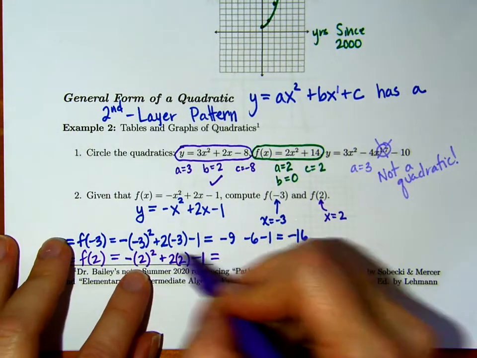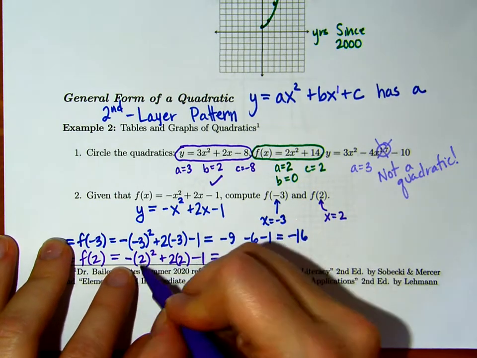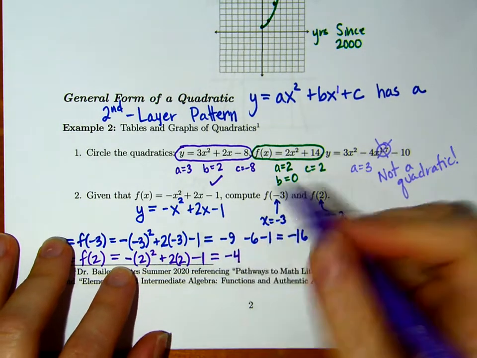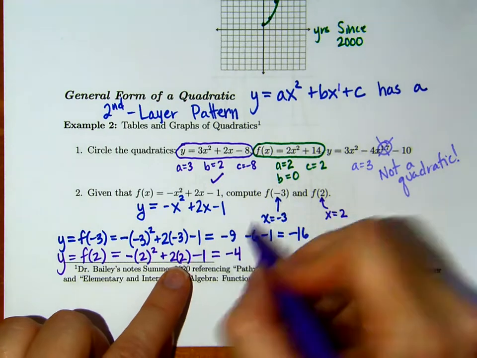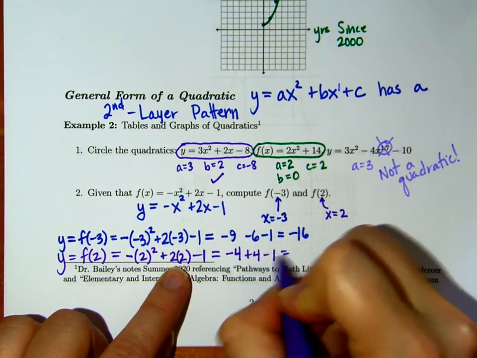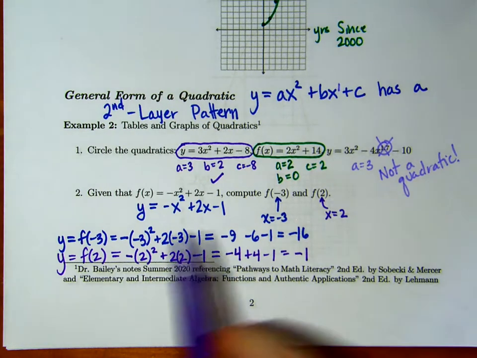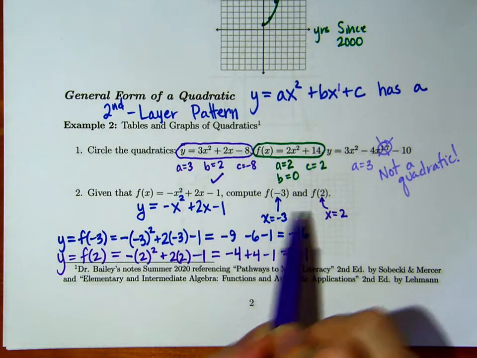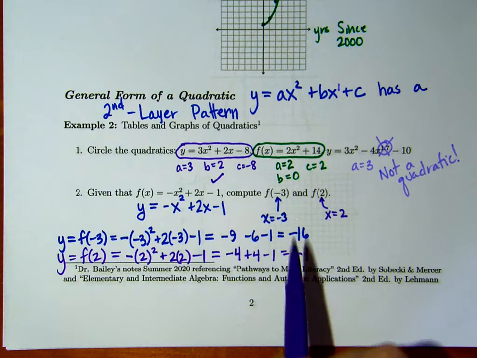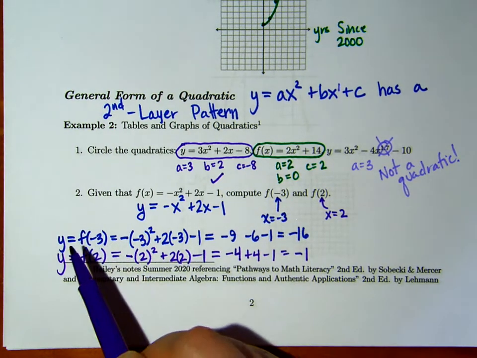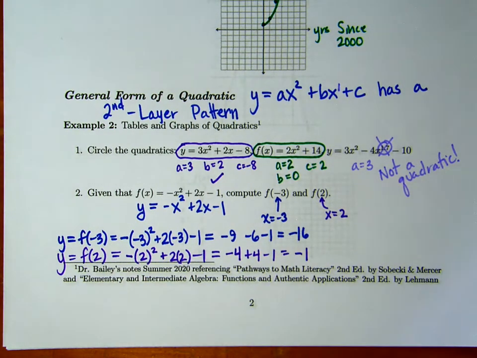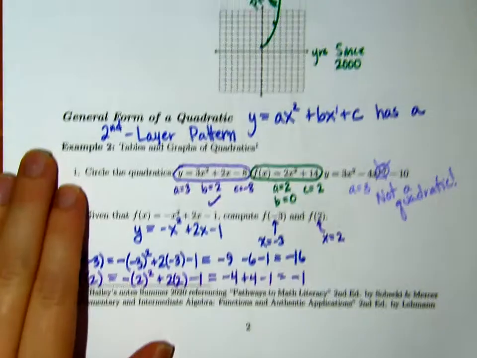Well, exponents first. 2 squared is 4. Take the opposite. That's negative 4. 2 by 2 is 4, so plus 4 and minus 1. Oh, that's 0. Take away 1, it's down 1. So when x is 2, y is negative 1. When x is negative 3, y is negative 16. Got it.